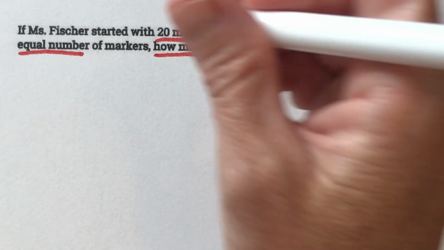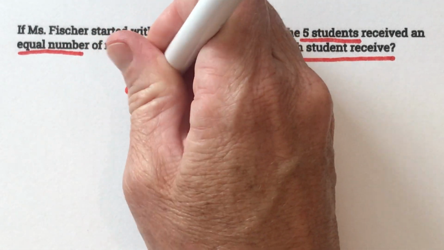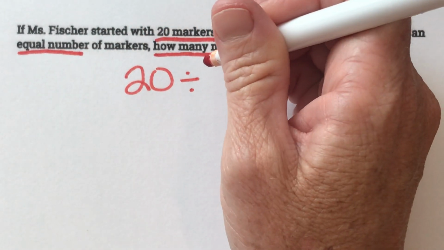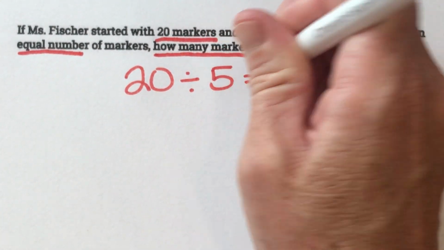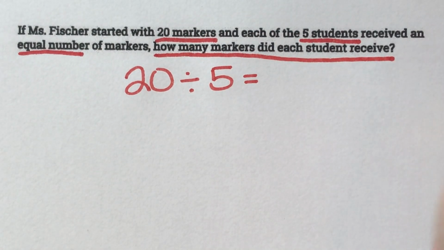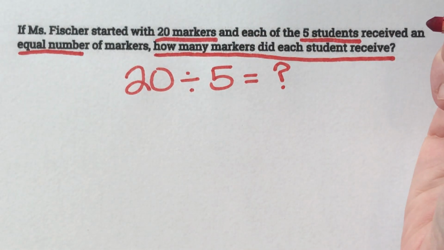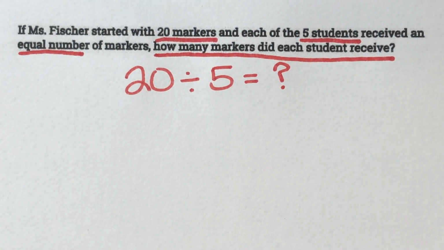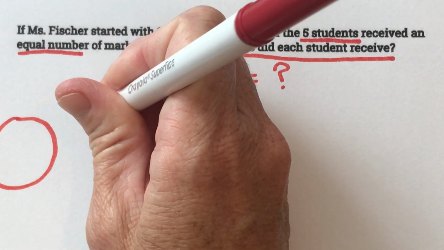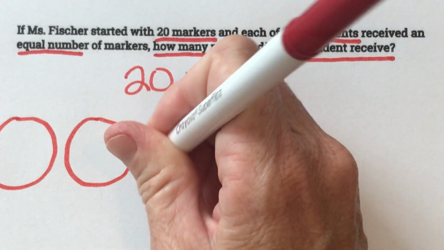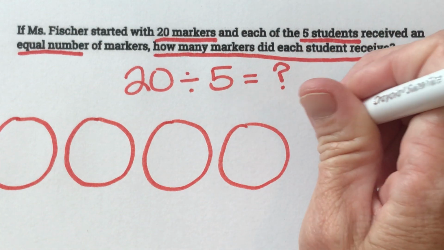So it looks like my equation is 20 markers divided equally, or shared equally, with 5 students. And we want to know how many they each got. So that's my equation. Okay, so I'm going to draw 5 circles to represent my 5 students. 1, 2, 3, 4, 5.